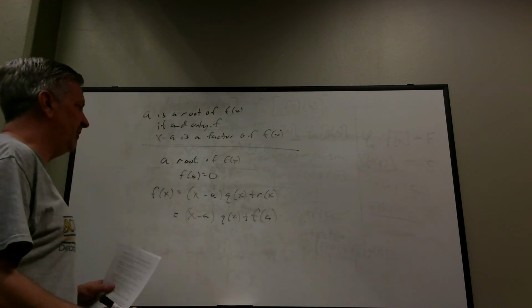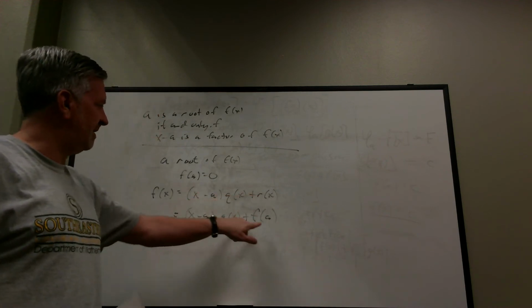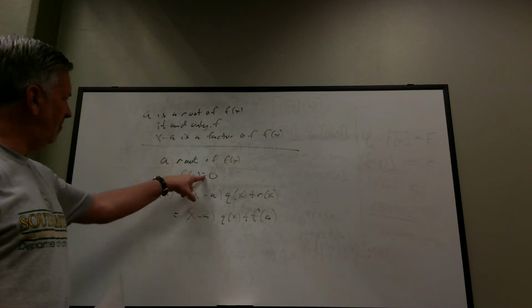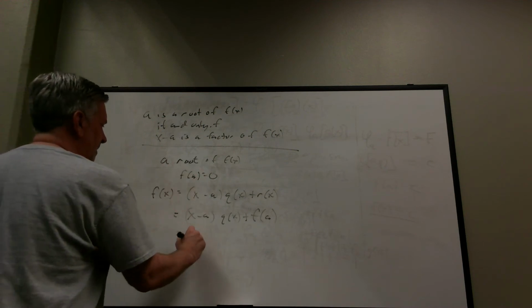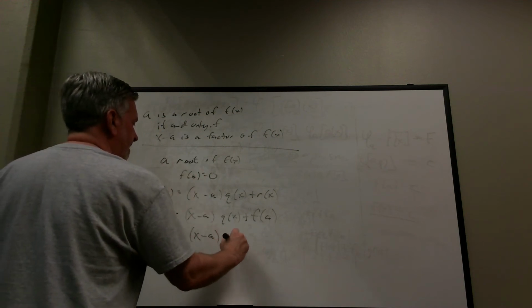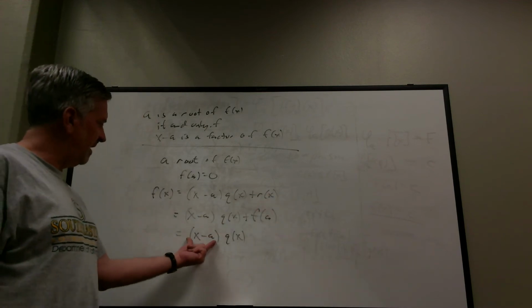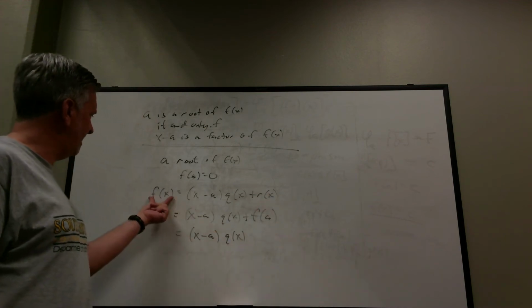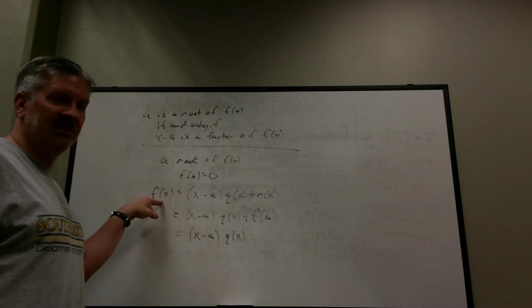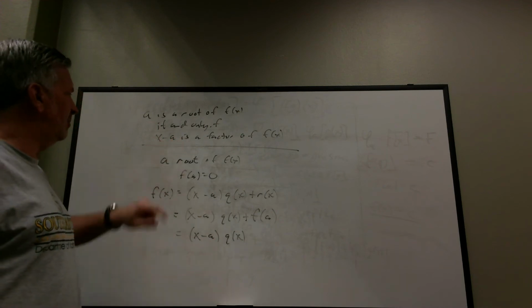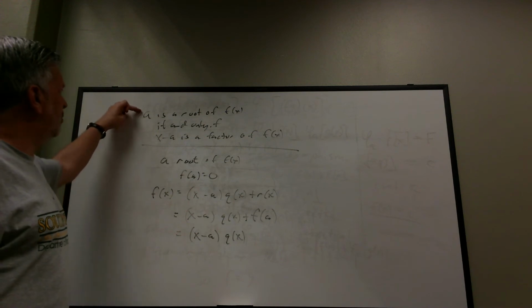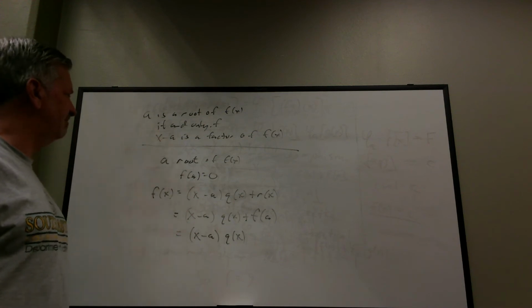That's what we just proved, that the remainder when you divide by x minus a is f of a. But we said f of a was 0. Plus 0, so I'm not even going to write it. And notice what we have. x minus a times q of x is f of x, so x minus a is a factor of f, and that's what we were trying to show. So if a is a root, x minus a is a factor.